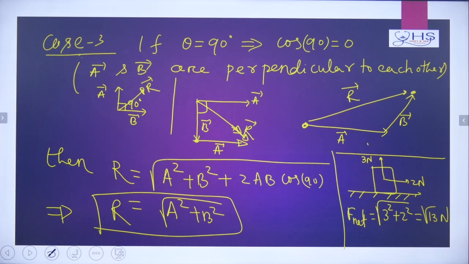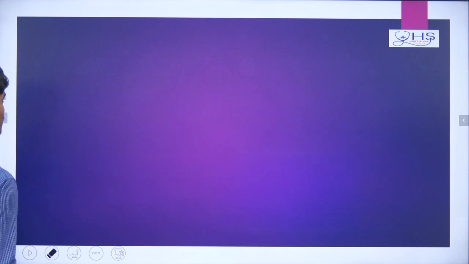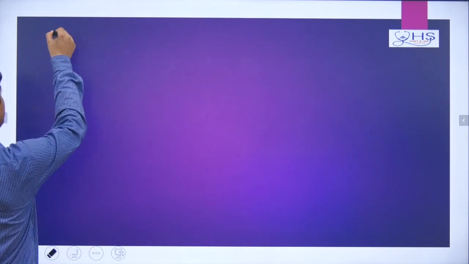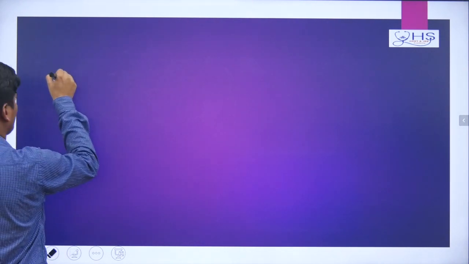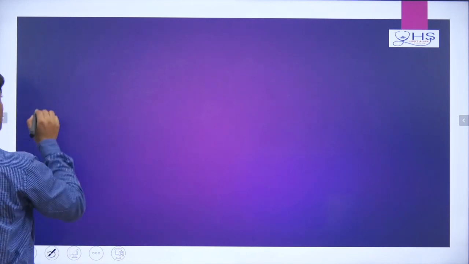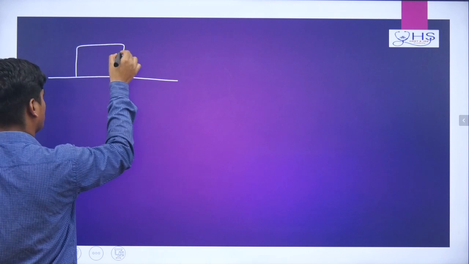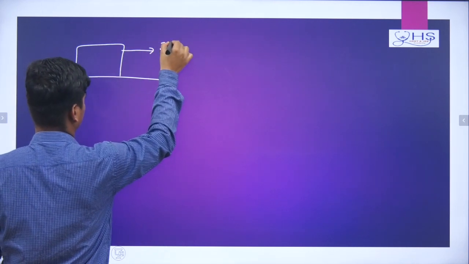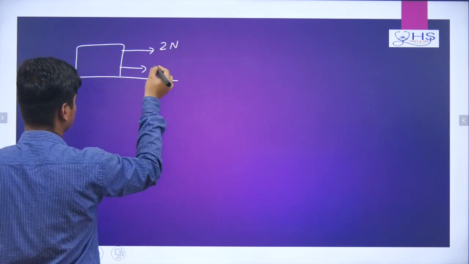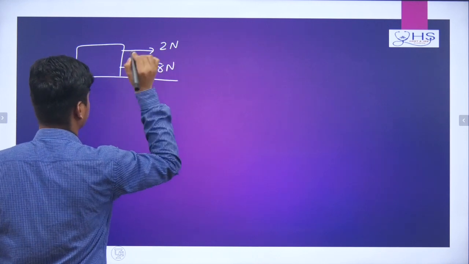Now we go to the next thing. Whatever we understood in case 1, case 2, case 3, we will try to see some applications. Now listen here. Suppose one particle is acted upon by two forces, 2 Newton and 8 Newton, like this.